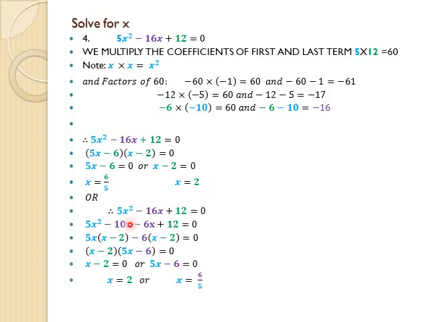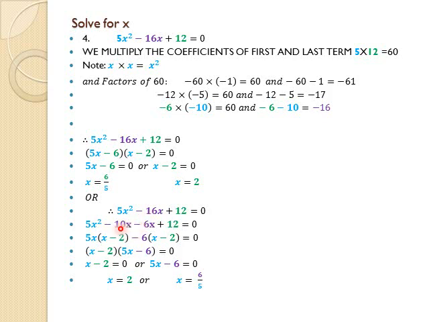This can also be done in another way: 5x squared minus 16x plus 12 equals 0. I have 5x squared and 12. But I take the 16x and break it up into two terms that when added, minus 10x minus 6x, give me minus 16x. At the same time, the two terms have common factors that can divide into both terms.